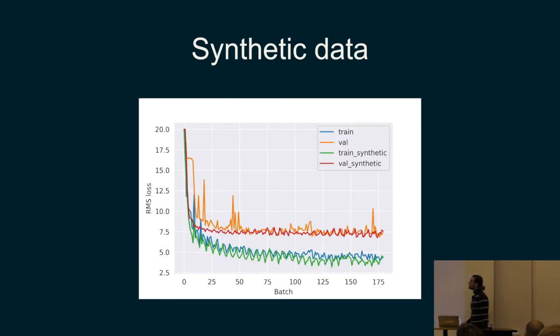But as you can see, the loss on the validation set, so what we've done here is we are comparing two models, one which has been trained from scratch on real data, and one which has been trained on synthetic data first and then fine-tuned on real data. And you can see that the one that's been fine-tuned from the synthetic model performs better early on, but in the end there's virtually no difference.